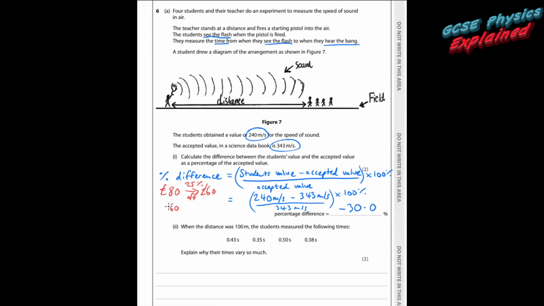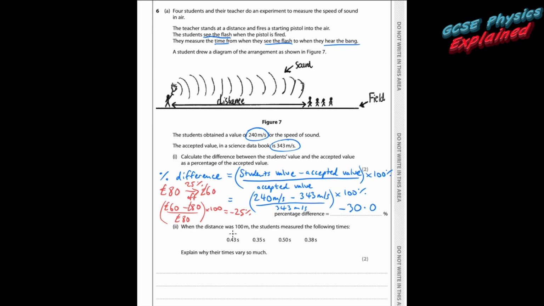So you do the value that it is now, take away the value that it was, divided by the value that it was, multiplied by 100, and that comes out as minus 25%. So it's had 20 quid knocked off and it was 80. So 20 quid is 1/4 of the original price. So that's 25% knocked off, 1/4 knocked off. I hope that helps you to understand where that equation comes from.